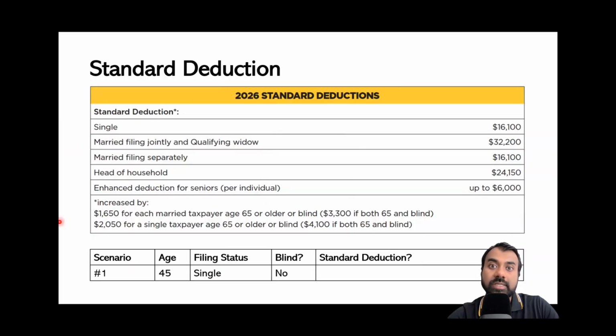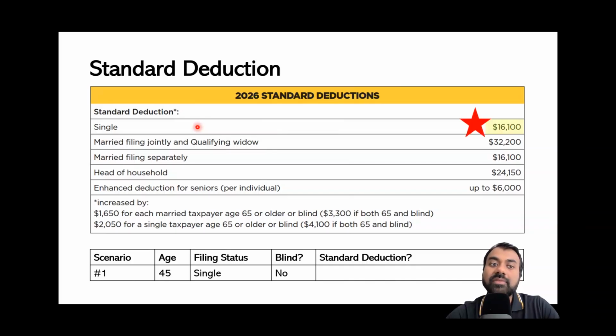Let's look at our first scenario. We are thinking about a person age 45. The question says that person is single, and maybe the question does not give us any information on that person's blindness. And if there is no information, we are just going to assume that they are not blind. So now let's figure out where in the table I should look.